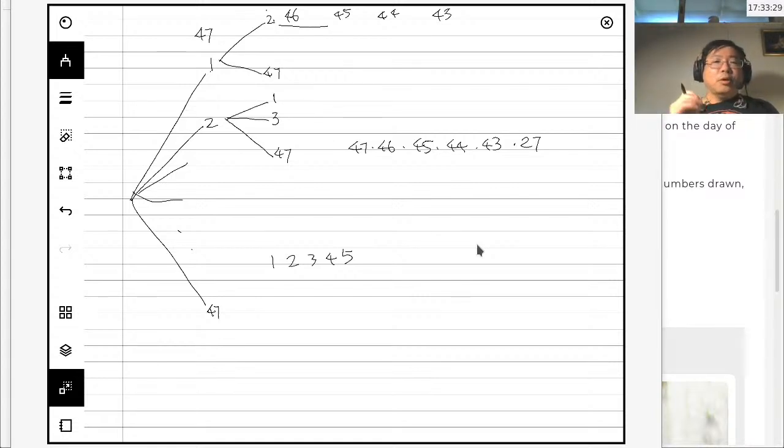I just want to know how many ways can I reorder these 5 things. So 1, 2, 3, 5, 4 is another way to arrange this, right? 1, 2, 4, 5, 3 is another way to arrange this. 1, 2, 4, 3, 5 is another way to arrange this. Okay? So the question is, how many different ways can I rearrange these 5 items?